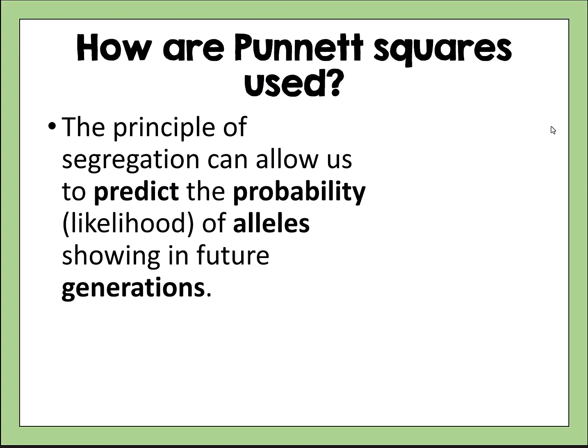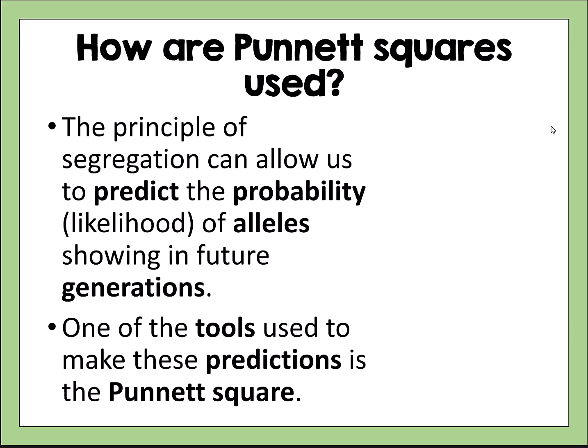The principle of segregation, which we said was the separating of alleles in one generation to create the next, can allow us to predict the probability or likelihood of alleles showing in future generations. So because those genes aren't just blending randomly, we can actually predict how these alleles and traits are going to show up in future generations. And one of the tools used to make this prediction is a Punnett square.